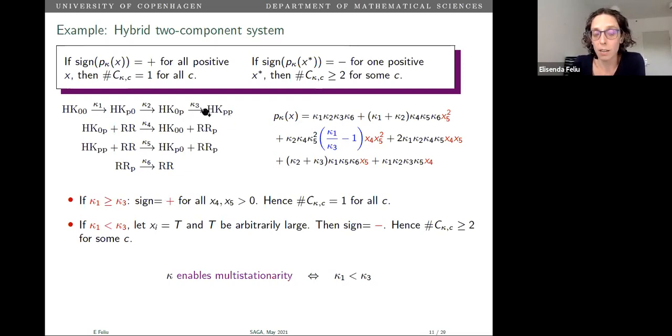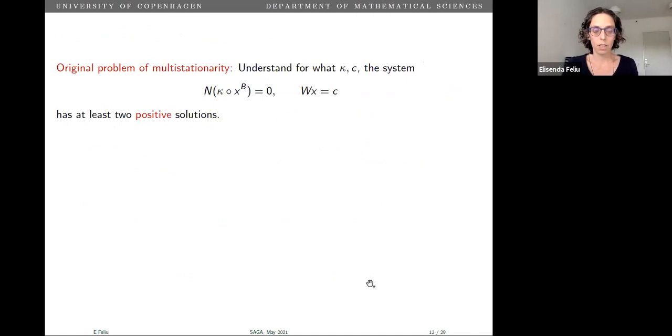So this is just saying, to get multistationarity, I need that the second site having a phosphate group is an advantage, makes the reaction go faster, right? And of course, the biology is an interpretation of why that happens, and therefore this condition is important for them.